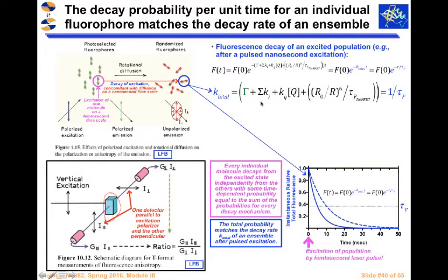So these rate constants describe both the time-dependent probabilities of the individual decay processes. The sum will be the time-dependent probability for decay by any pathway. That sum will match the first-order rate constant for the decay of the population as observed here.